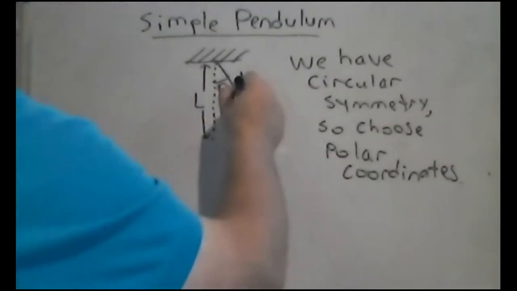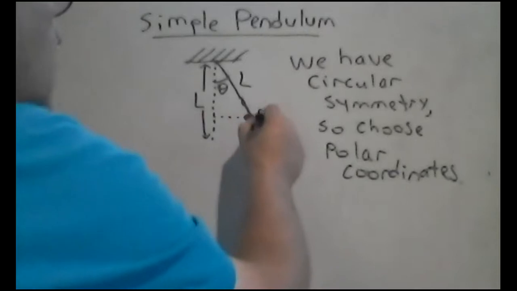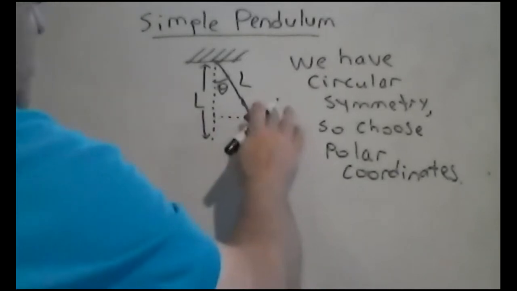Remember, in any orthogonal coordinate system that you choose, whether it be Cartesian, polar, spherical polar, or cylindrical, at any particular point where a body may be, the coordinates are at right angles to each other. For instance, the radial goes straight out to the mass.